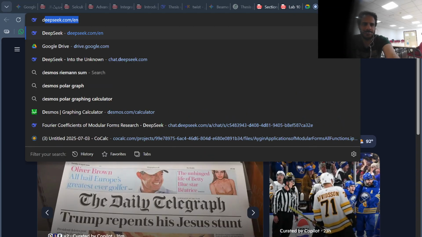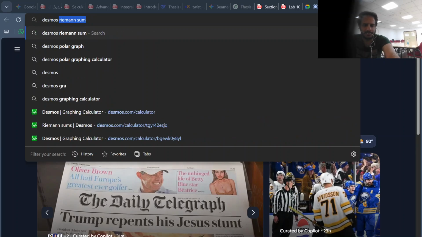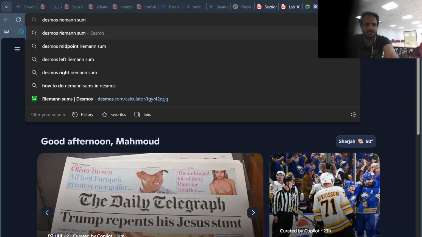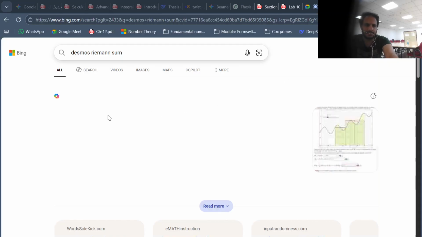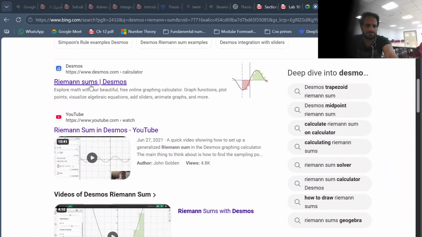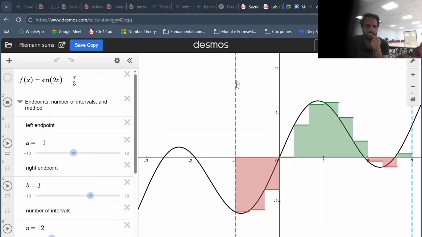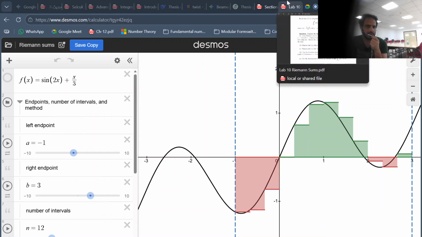You can open Desmos. If you want to graph and see the rectangles, you can use Desmos like this. See here. I will show you our example.